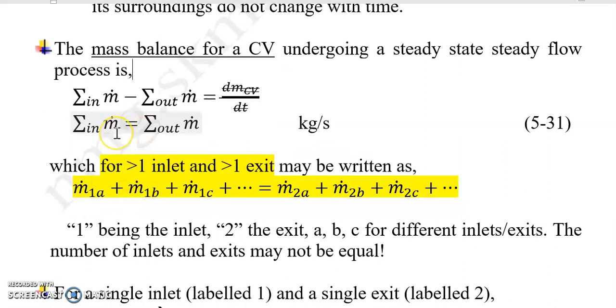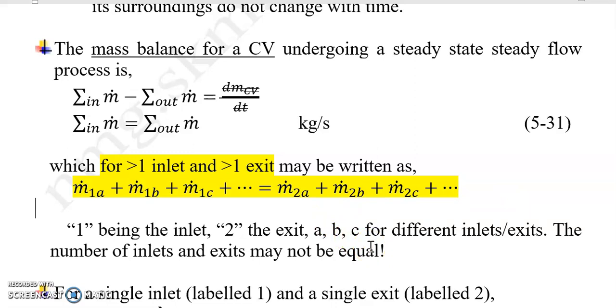Again, if you have more than one inlet, then you have to sum up. Say, maybe you would like to label the first inlet as 1A, the second inlet as 1B, and 1C, and so on. So you sum them up, which is equal to the exit. You may label the first exit 2A, second exit 2B, and so on.